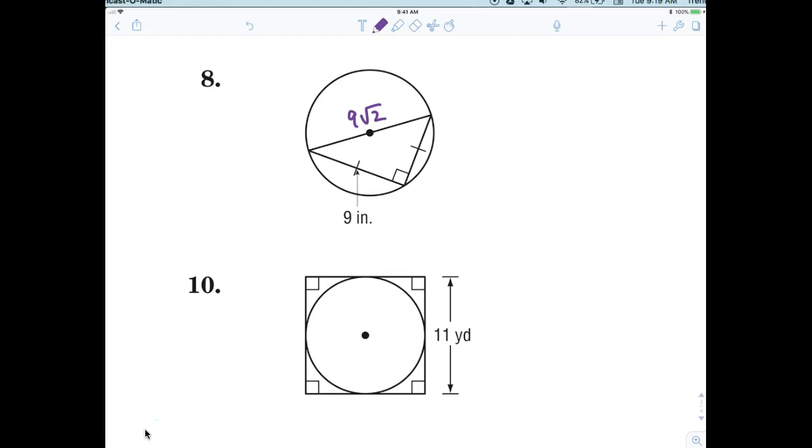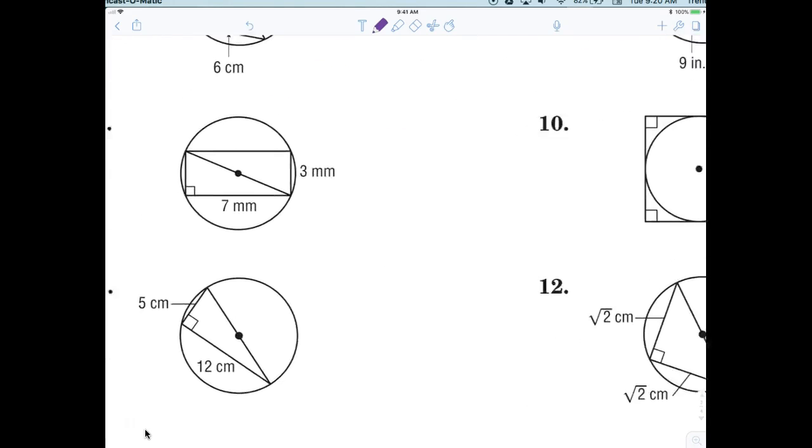Of course, if you forget, which most people do, you would just end up with the same answer. But anytime you see a 45, 45, you know there's a radical 2 involved. So now you would say that the circumference is what? 9 radical 2 pi. And we're in inches.